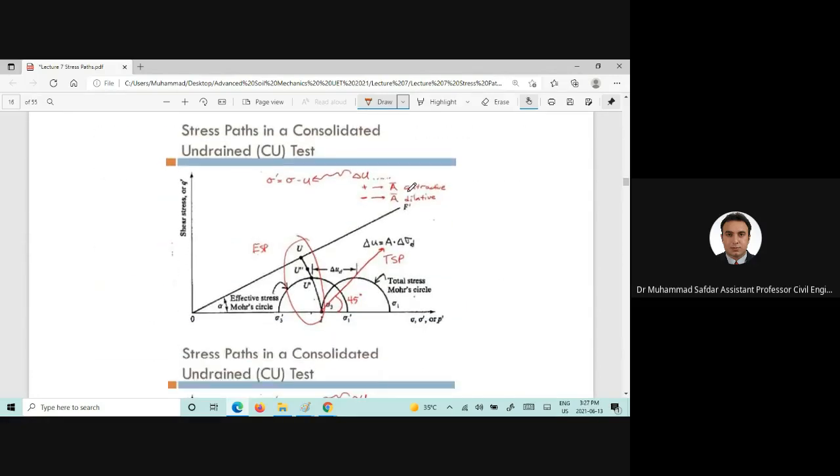Now, how about the stress paths in a consolidated undrained test? Or I can put it another way as well.